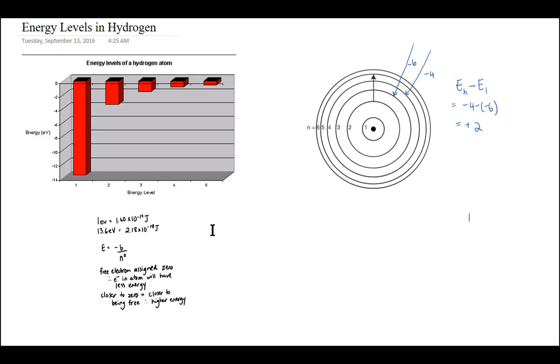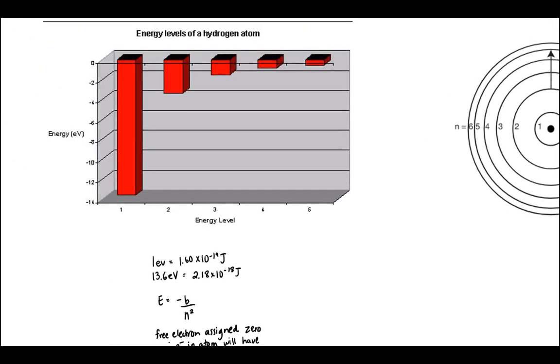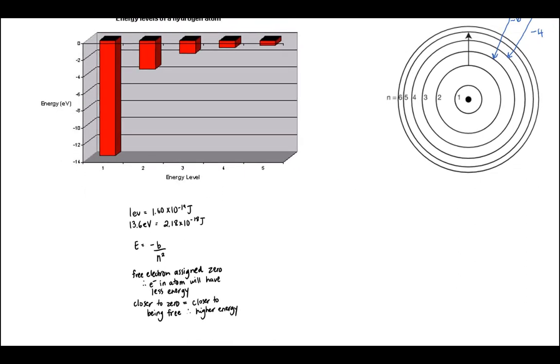But in Bohr's equation, E is equal to negative B over n squared, we have a negative value for our energy. That's based on the fact that we can't really measure the energy absolutely. While we have a formula to know the amount of energy of an electron at this moment in time, we can't actually measure it absolutely. So what we had to do is assign a free electron, an electron that's not part of an atom, to have a value of 0.